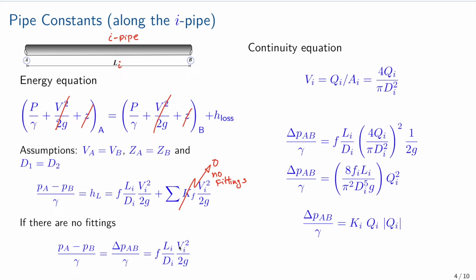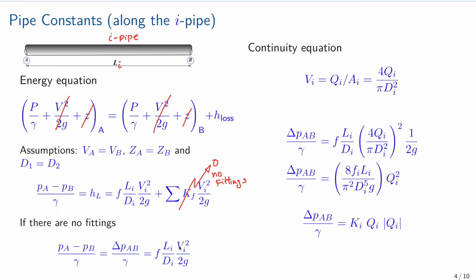Now, remember that we can express this velocity in terms of the flow rate. The velocity is equal to the flow rate divided by the area. For this particular pipe, the velocity at pipe I is equal to the flow rate at pipe I divided by the area at pipe I. This is equal to 4 Qi divided by pi d squared, since the area is pi d squared divided by 4. So the 4 moves up because it's divided.